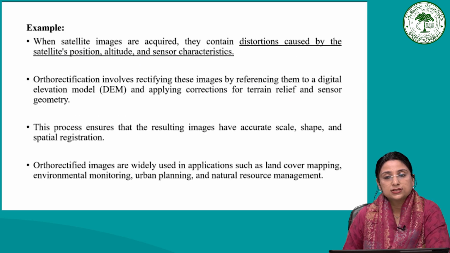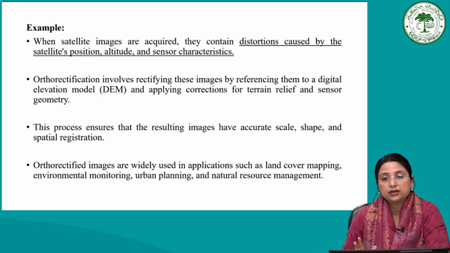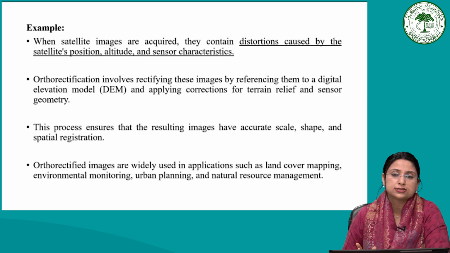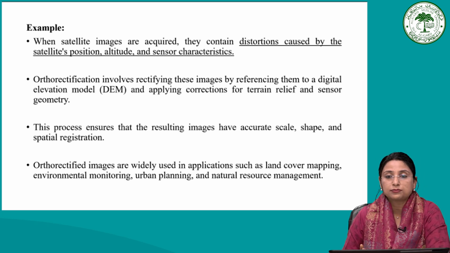When satellite images are acquired, they contain various types of distortion, maybe through the satellite position, altitude, sensor orientation, etc. Sensor characteristics may also cause certain types of distortions.